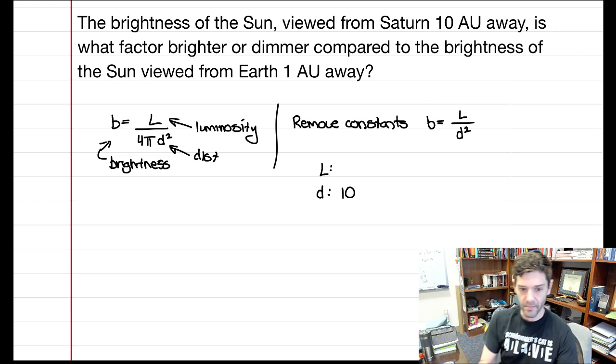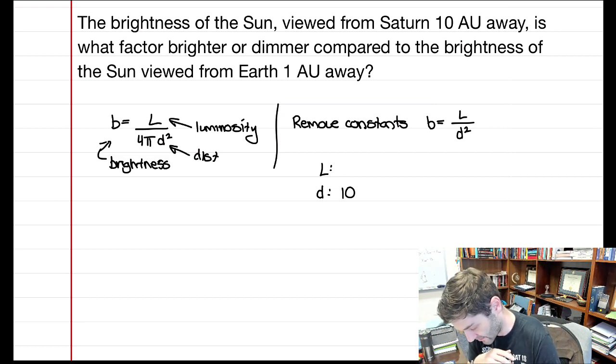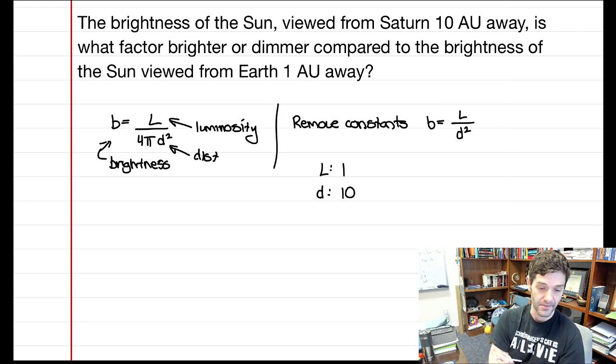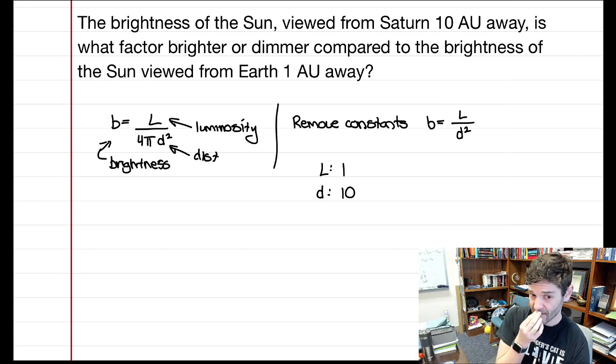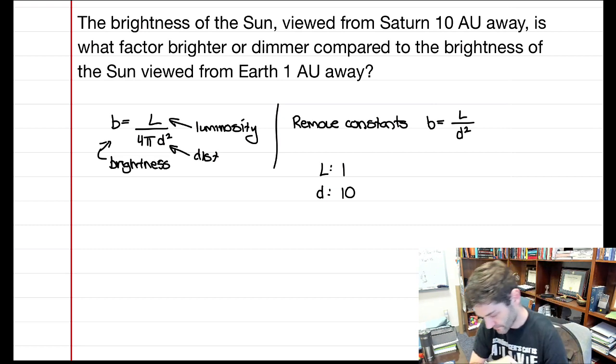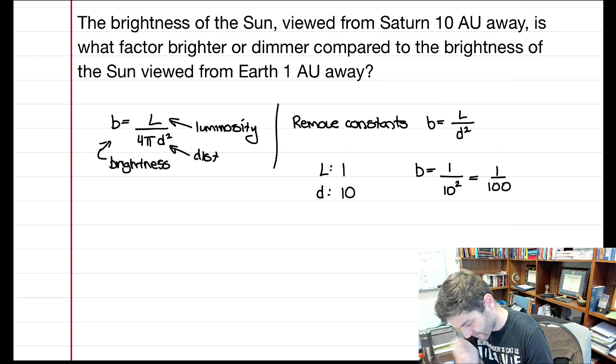And then for both cases, we're looking at the sun. So that suggests the luminosity factor is 1, right? It's the same luminosity, the same star, the same amount of energy coming off the surface of the sun in both cases. So then it looks like B is 1 divided by 10 squared. Can't forget the exponent. So then it is 1 over 100.